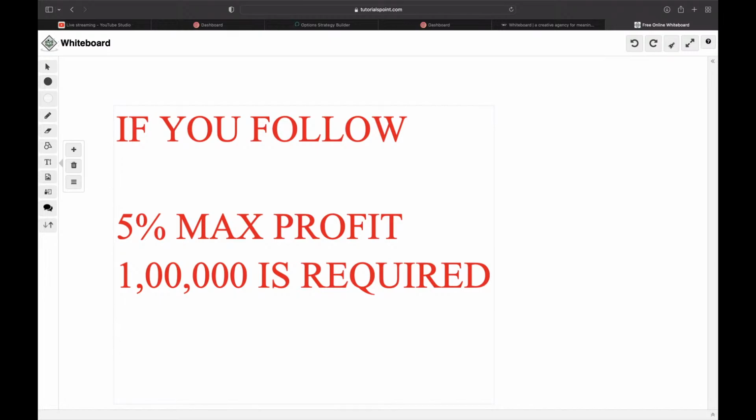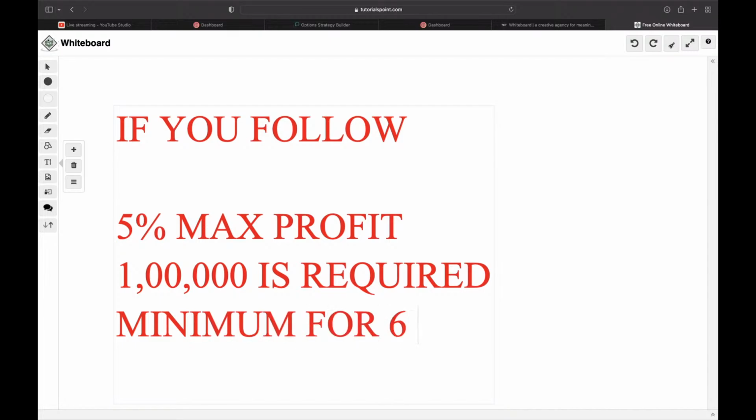And after this 5% and 1 lakh, you have to follow it minimum for 6 months to see the returns. So if you follow it minimum for 6 months and you have 1 lakh and you generate 5% a month, you'd be easily generating somewhere around 30%.